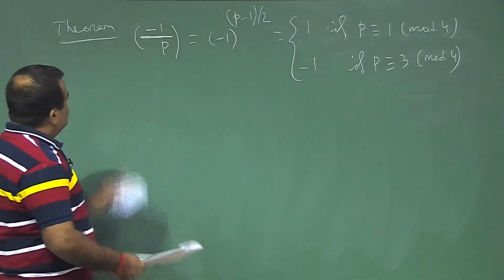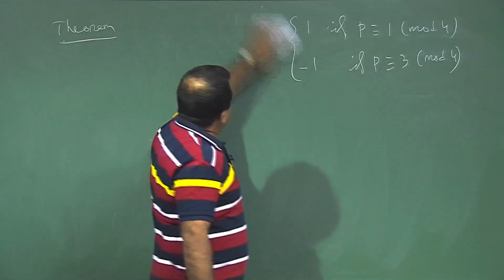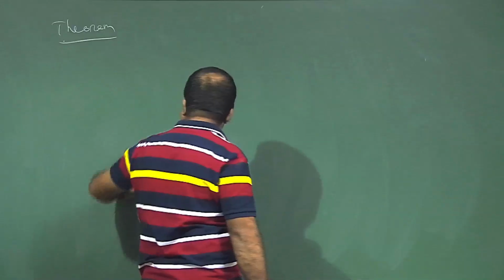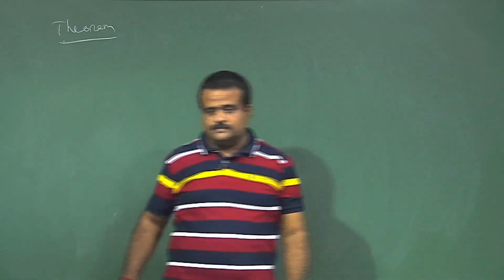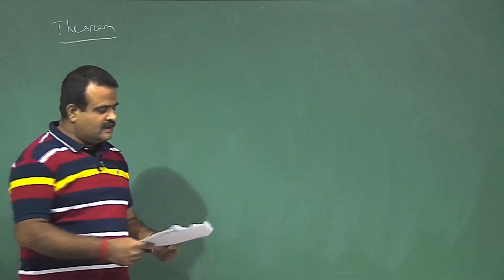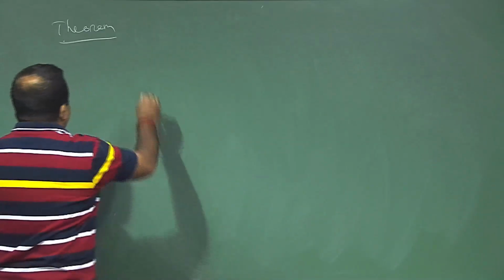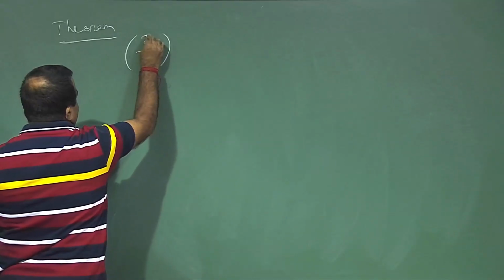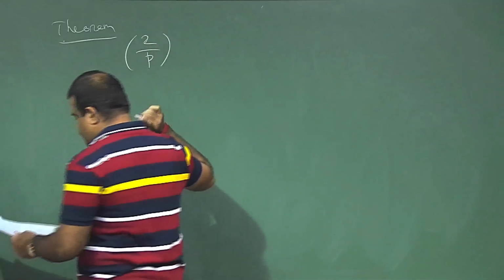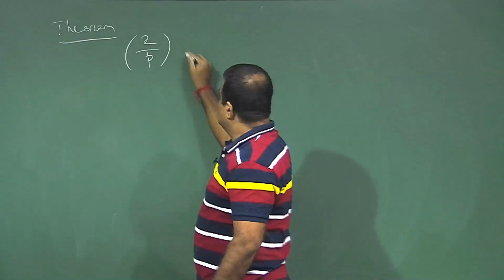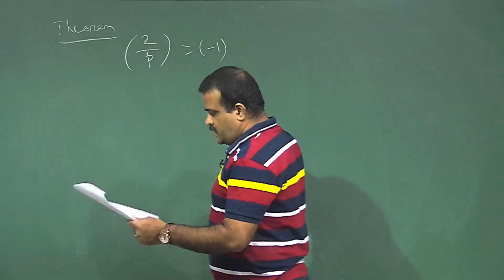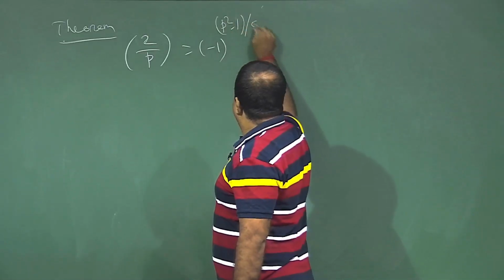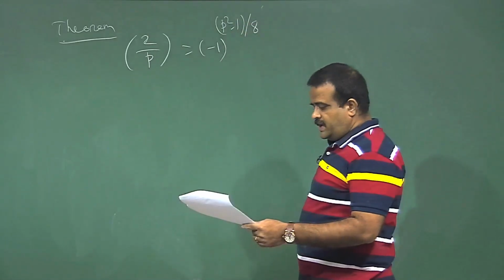Now the next result, which we will be using for calculating Legendre symbols. The next result is telling us (2/p). Here p is a prime, because these are all Legendre symbols. (2/p) is minus 1 to the power (p square minus 1)/8.